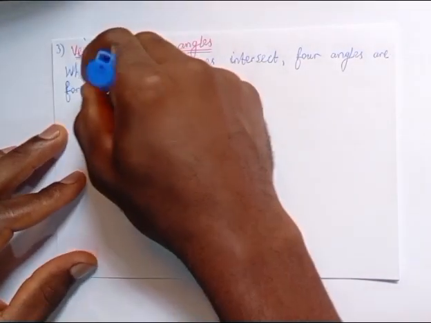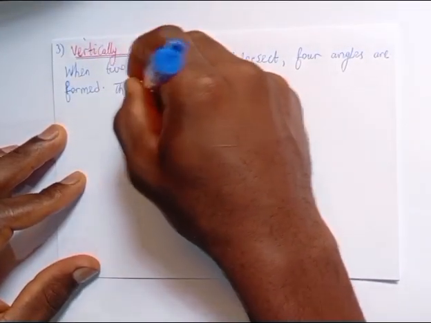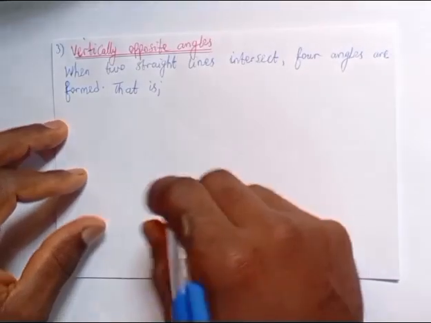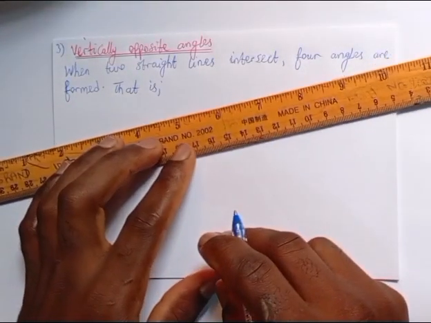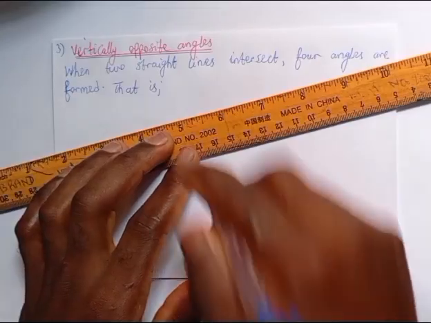That is, let's draw two straight lines which intersect, then we see the four angles which are formed.